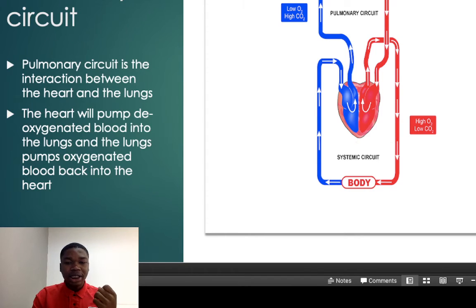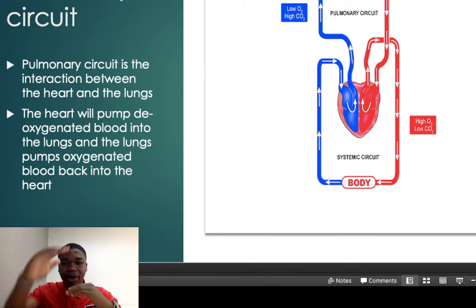So let's look at the pulmonary circuit. The pulmonary circuit is an interaction between the heart and the lungs. As you can see on the diagram here, in the middle we've got the heart, and on top we've got the lungs.